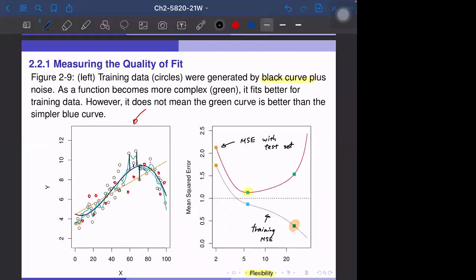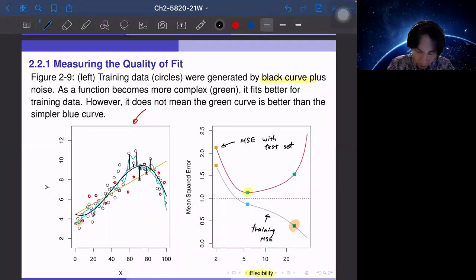Okay, thanks. And basically, this green line picks up too much noise. And in a real problem, we cannot see the true black curve, so we cannot tell how large the noise is. But we can recognize that the green curve isn't really smooth, so probably it's not the true curve. In that sense, we can still guess that the green curve has picked up too much noise.